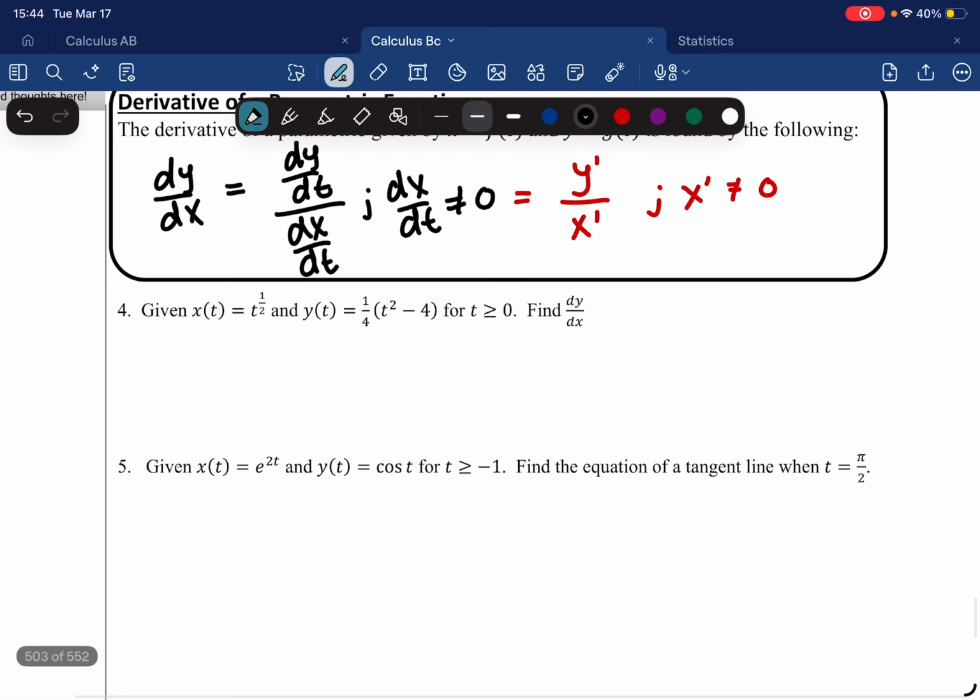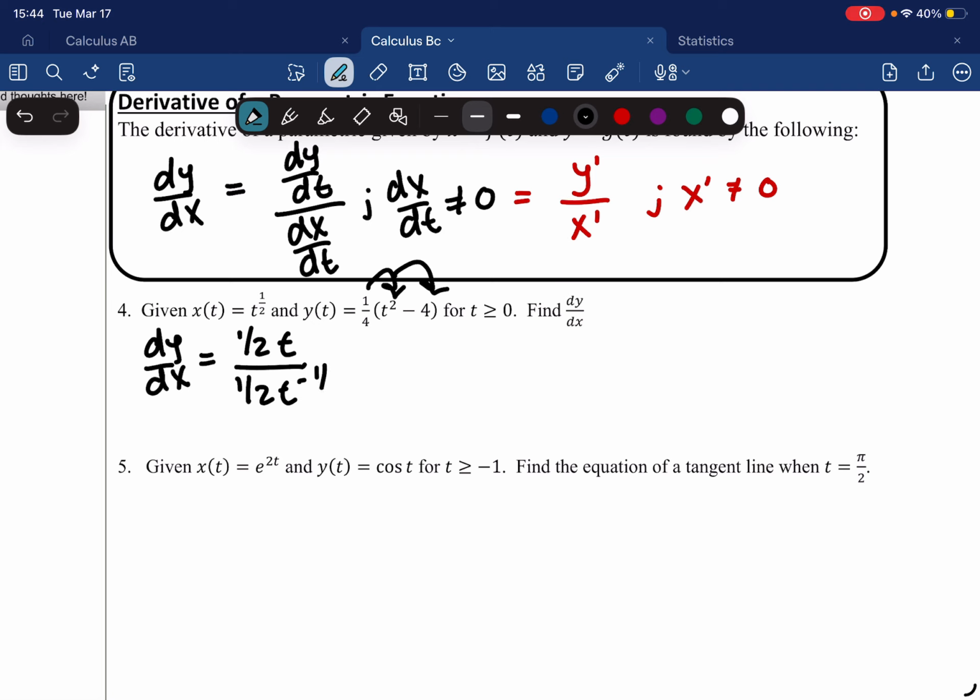So looking at number 4, we need to find dy dx, and so we do the derivative of y. So first I'm just going to distribute the 1/4 in, so I have 1/4 t squared, and if I take the derivative of that, I'm going to get 1/2 t divided by the derivative of x, so t to the 1/2, which becomes 1/2 t to the -1/2.